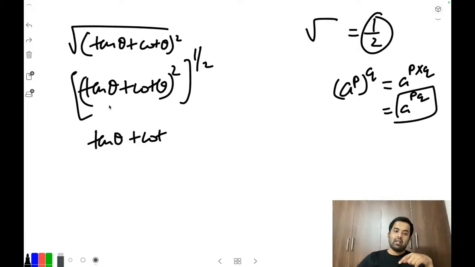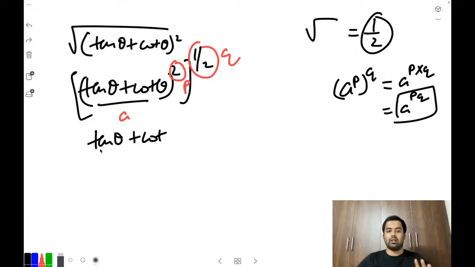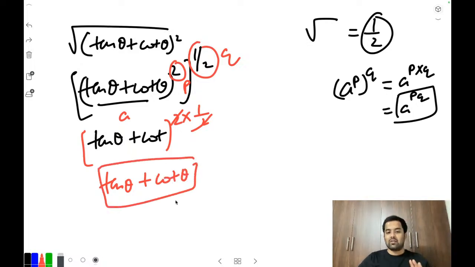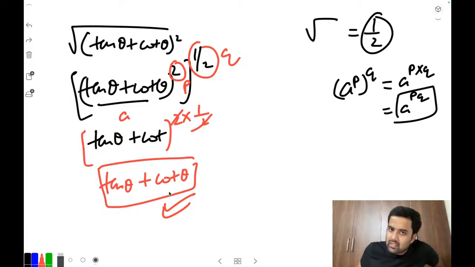Same thing do it here. Here this is the a value, this is the p value, and this is the q value. Okay, let me write it down: 2 into 1 by 2. Cancel out. What is remaining? Tan theta plus cot theta. See, the actual calculation we are doing is this one only, but we do it that way just to explain briefly to others. That's all.